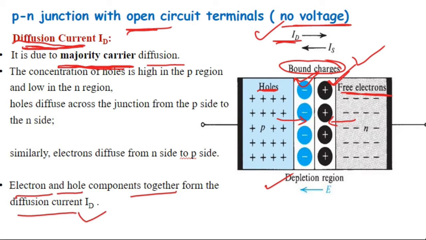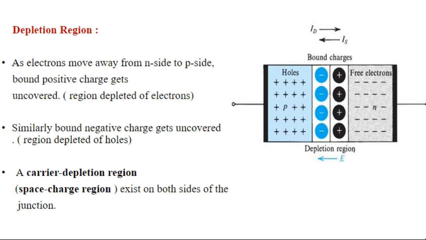So now let's see how a depletion region is formed. Here you can see a depletion region. Near the junction, bound charges are there, which are negative ions and positive ions. So under P-type this region is getting depleted of holes, and in N-type it is getting depleted of electrons.